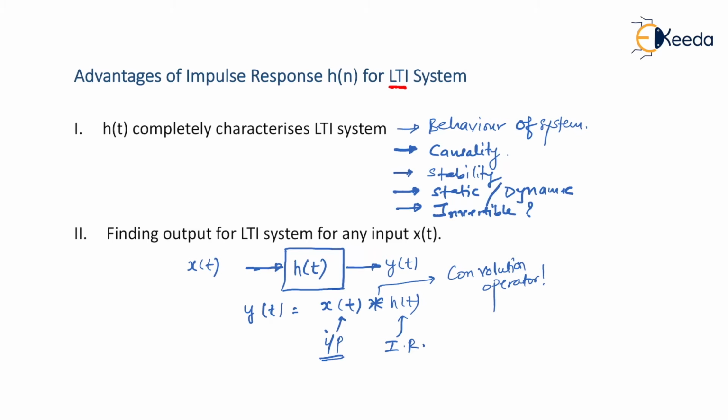And the relation remains the same, that is, y of n will be x of n convolved with h of n. So it really doesn't matter whether you are working with a continuous time system or a discrete time system. The relation between input, impulse response and output remains the same. So it means that if the impulse response is known to you, it is possible for you to find the output for any input.